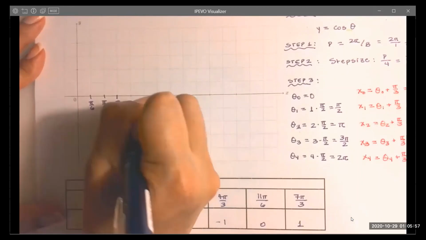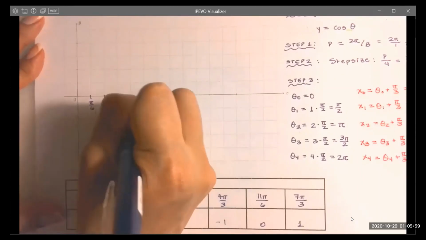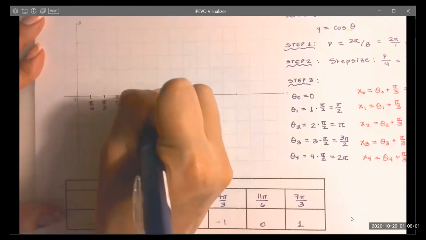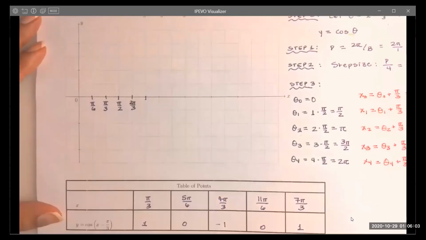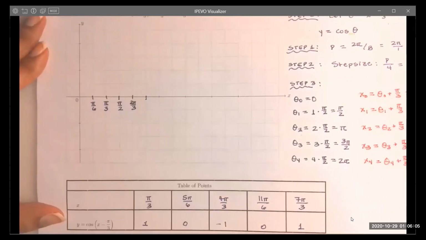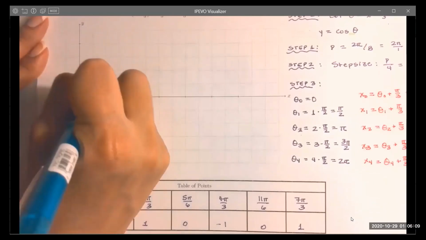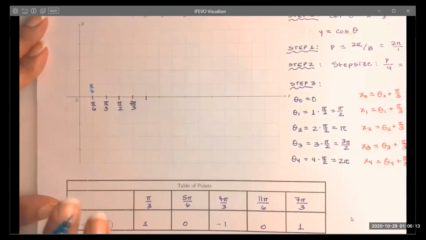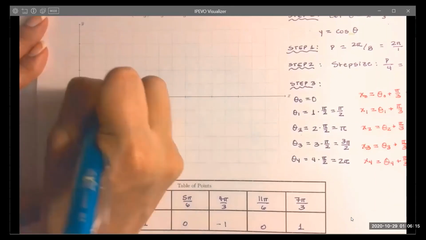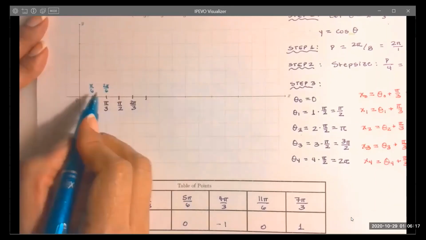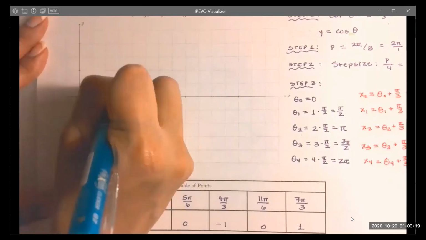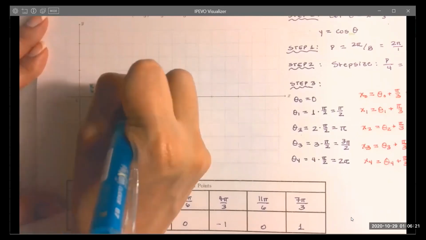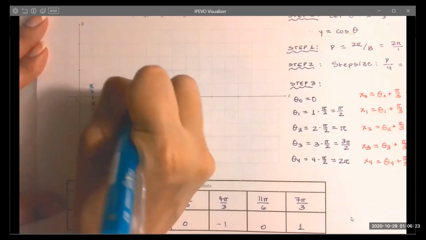This would be 4 pi over 6, but it becomes 2 pi over 3. And I think maybe it's easier if I do it with pi over 6, because I know that last time I had some questions regarding how I was drawing the tick marks. So let me just draw the tick marks with simply pi over 6. So this is 1 pi over 6, 2 pi over 6, 3 pi over 6, 4 pi over 6.